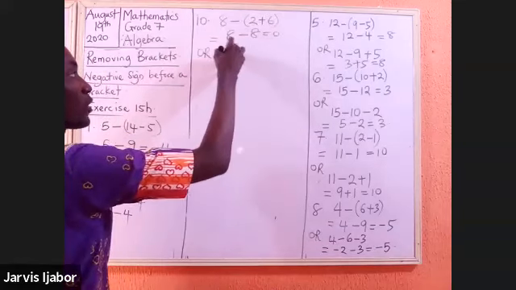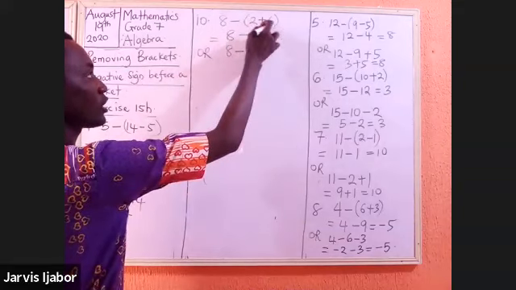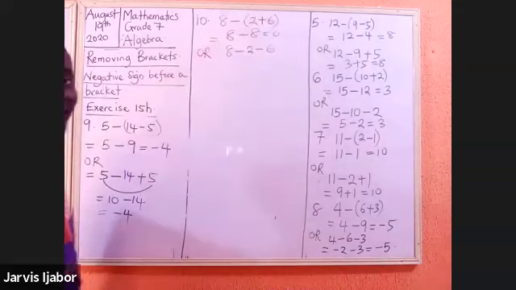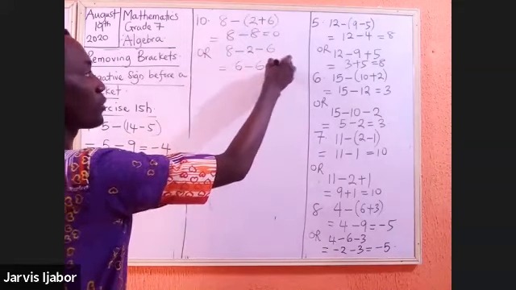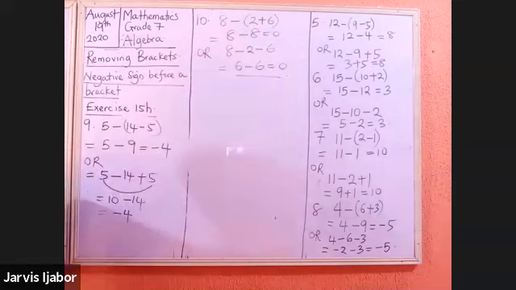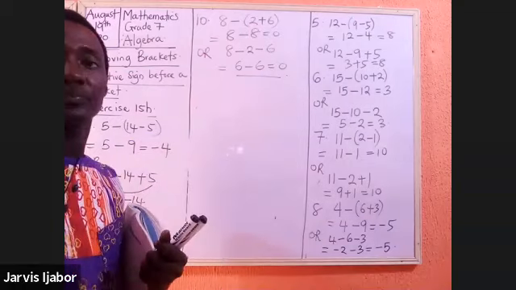Or I can take it to be what? 8 minus 2 minus 6, because the negative will change these two to what? Negative. So that will be what? 6 minus 6, and that will be what? 0. Are you seeing that? So that will be 0. Okay.